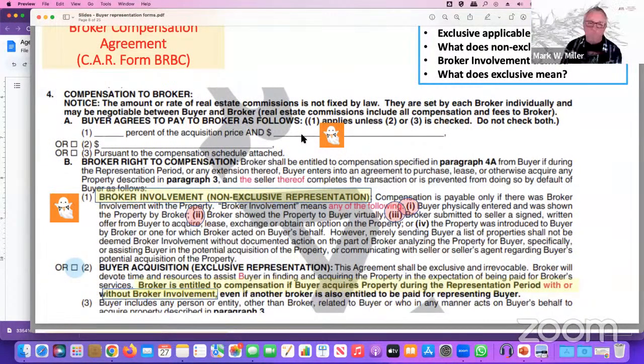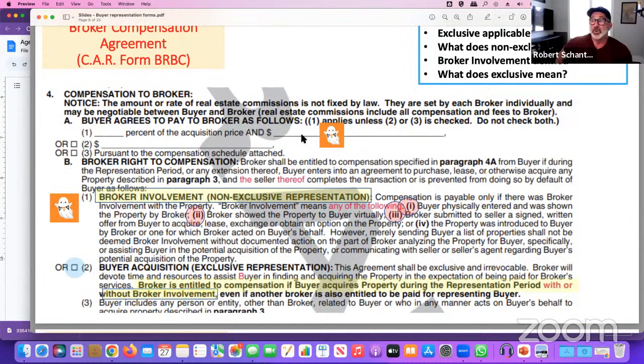So for all you first-timers, it's probably something new for you. It's more friendly. That's, again, another one of the little ghost icons there. It's not exclusive so that the buyer doesn't feel constrained or unwilling to enter into the agreement with you. Hey, this is a non-exclusive agreement. You're only going to pay me if I help you find a property that we work on together.